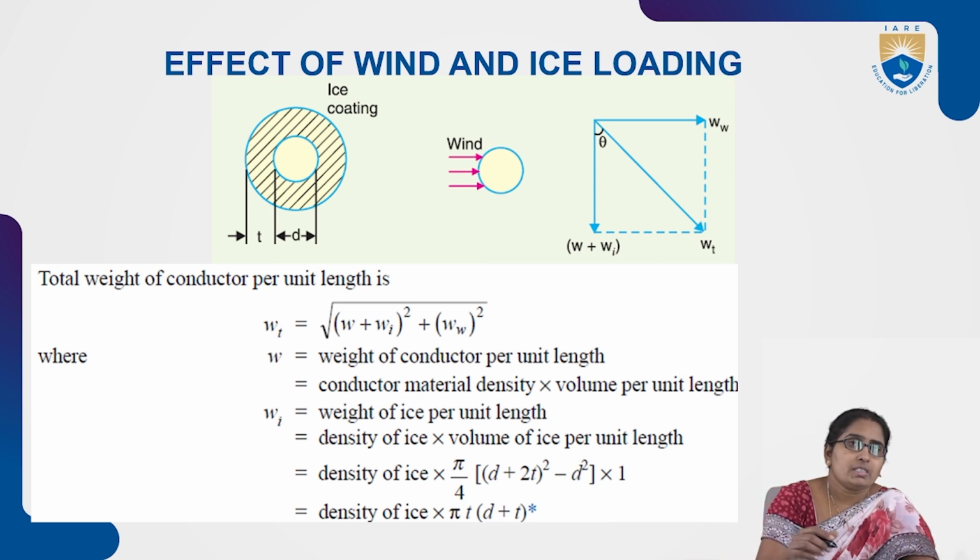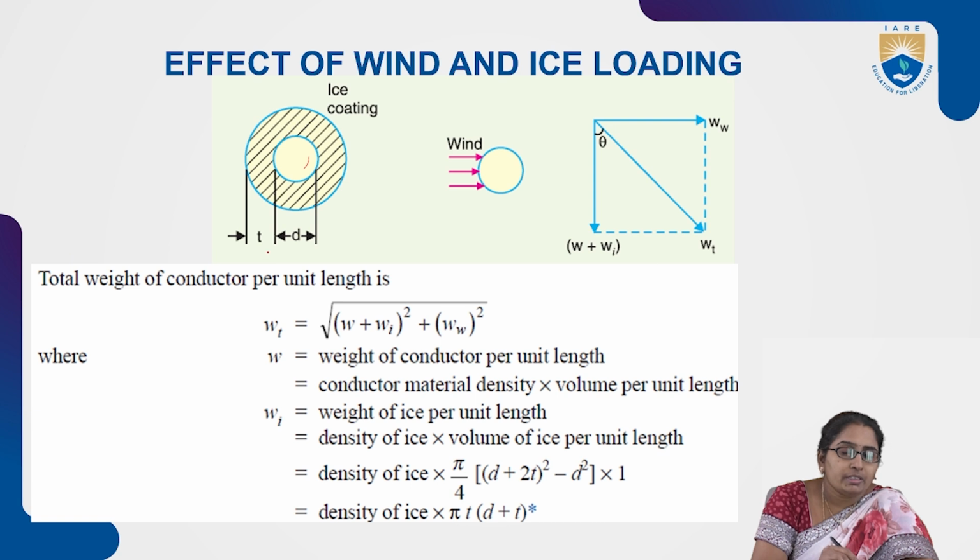We can see the first diagram. The first diagram shows the effect of the ice coating. If this is a conductor in a circle, and there is snow falling during winter season, there will be an ice layer around the conductor. This is what is shown by the lines, the ice coating.